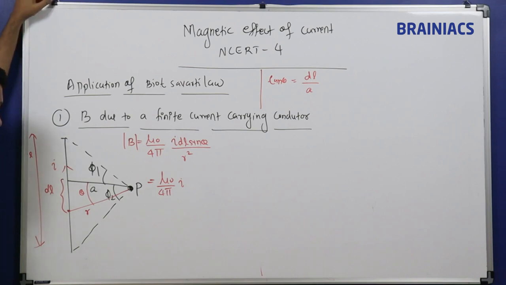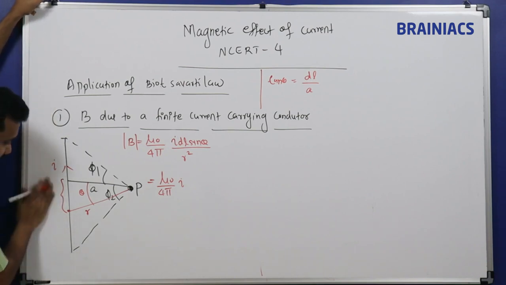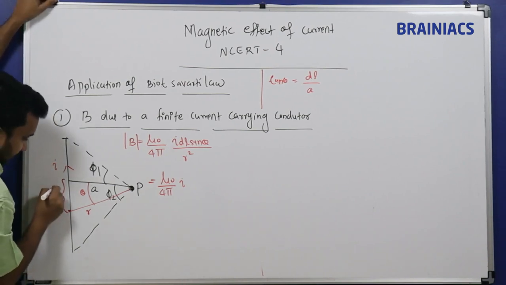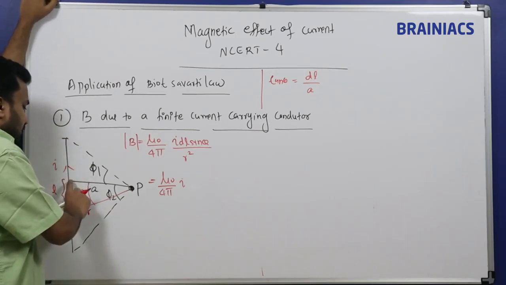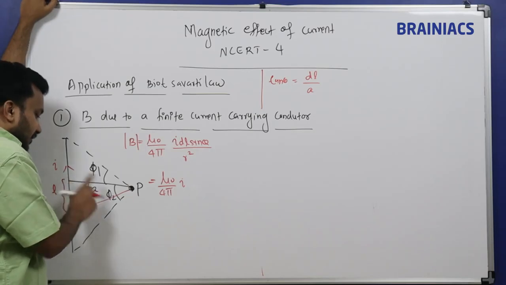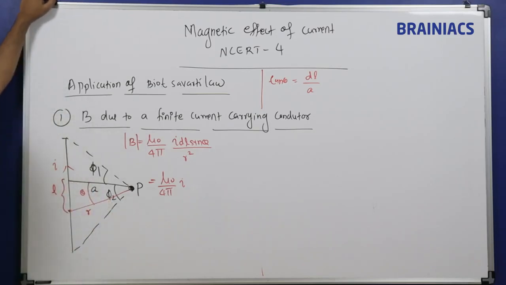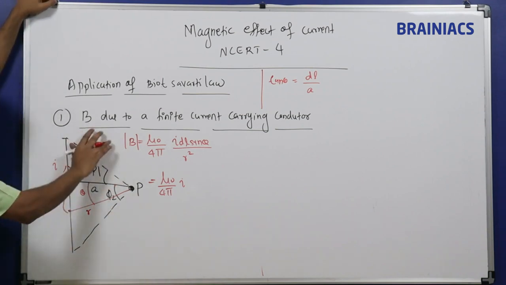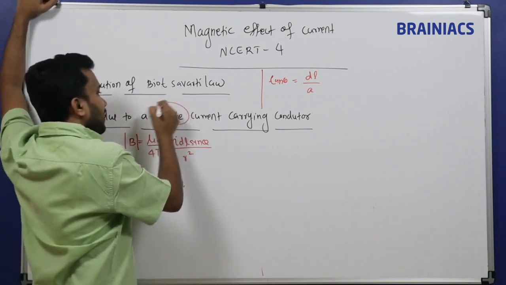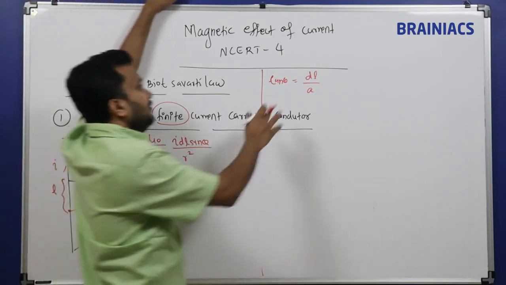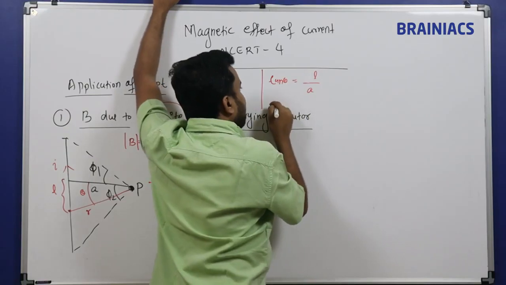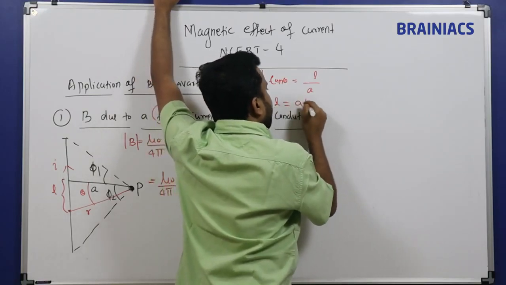Instead, we will do one thing. This will be considered as an element called L, at a distance of r meter. This is a full conductor; we don't know the size, but we know it is a finite conductor. So let's consider this as L. So tan theta is equal to L by a, so L is equal to a tan theta.